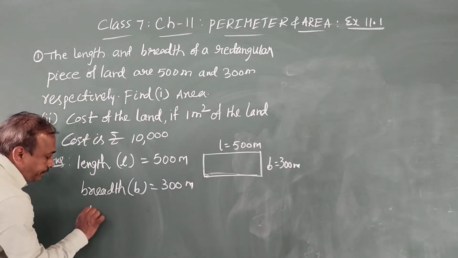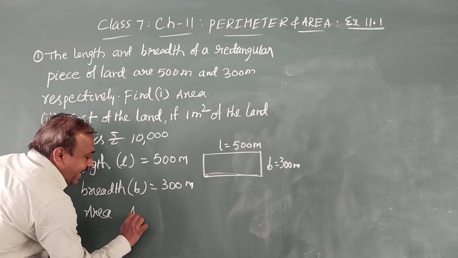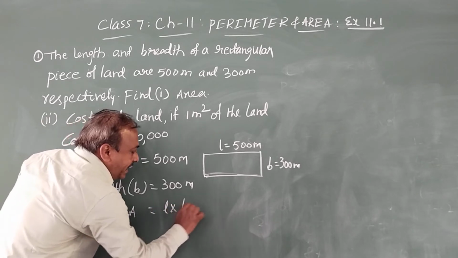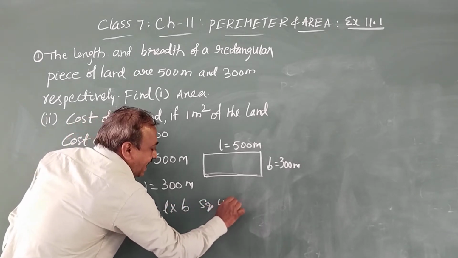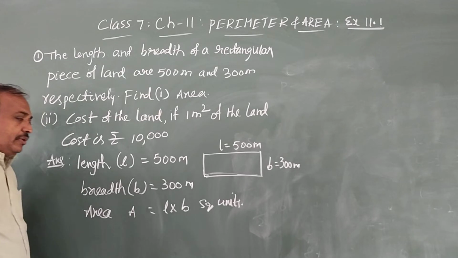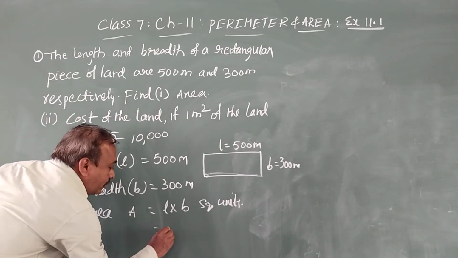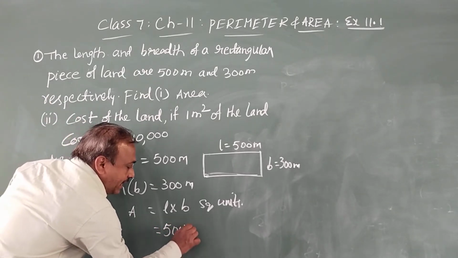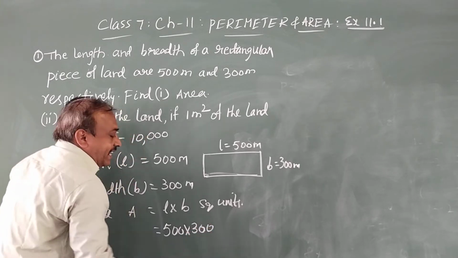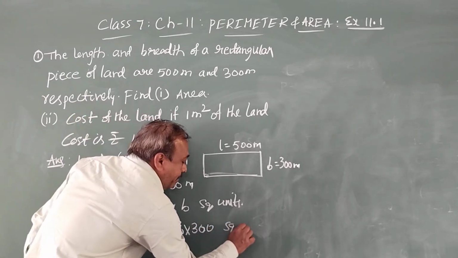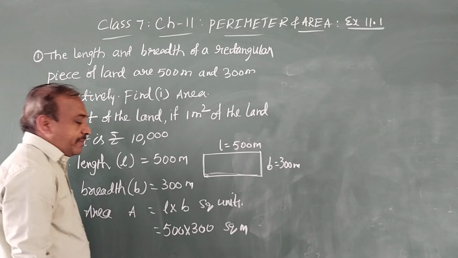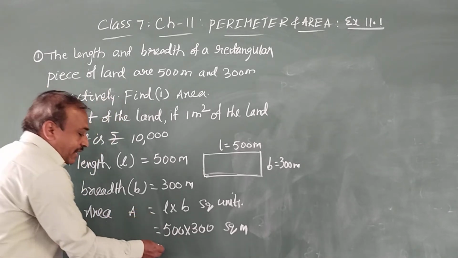Area A is equal to L into B square units, as area we measure in square units. So which is equal to 500 into 300 square meters, or you can write meter square. Square meters or meter square, anything you can write.